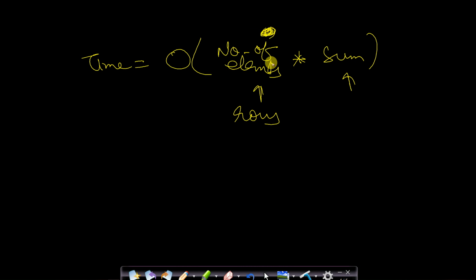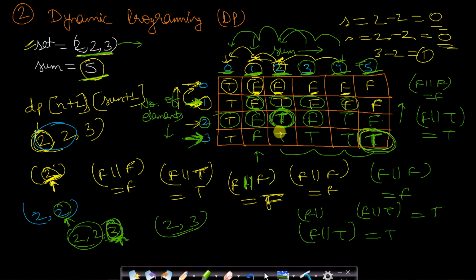The number of rows was equal to the number of elements and the sum was equal to the number of columns. So the time complexity was number of rows times number of columns, that is, the number of elements times the sum to be found. Therefore, if the sum to be found is not too large, then the time complexity is really low. So dynamic programming is a very efficient approach.